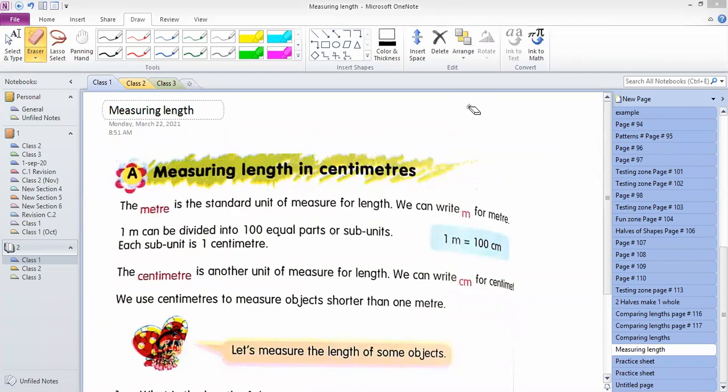You are a very good class. Sami, I could not get you.